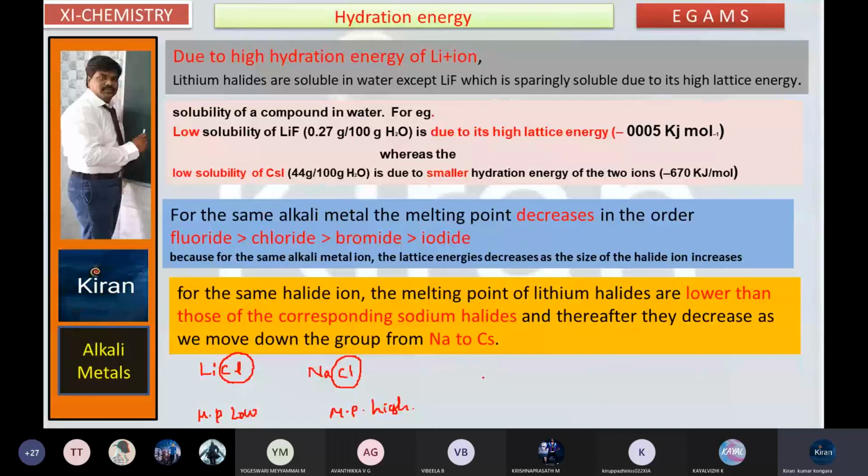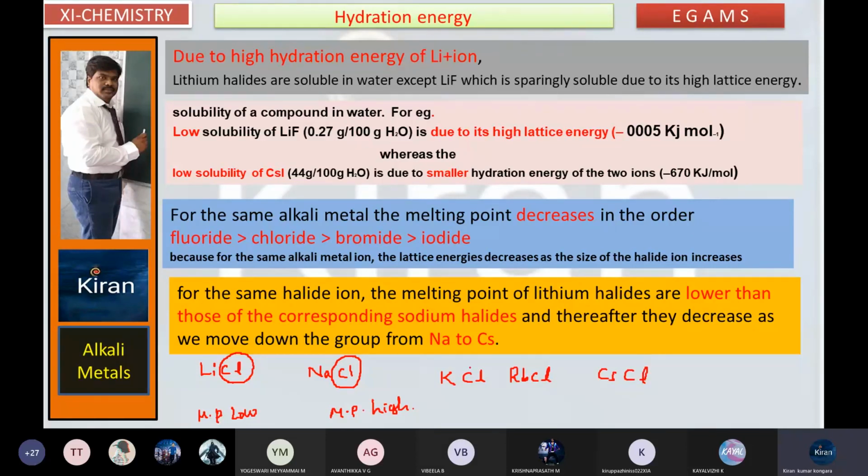See here, I am explaining melting points in ionic crystals, not individual metals. This is a compound: lithium halide, sodium halide, and after sodium, potassium chloride, then rubidium chloride, then cesium chloride.